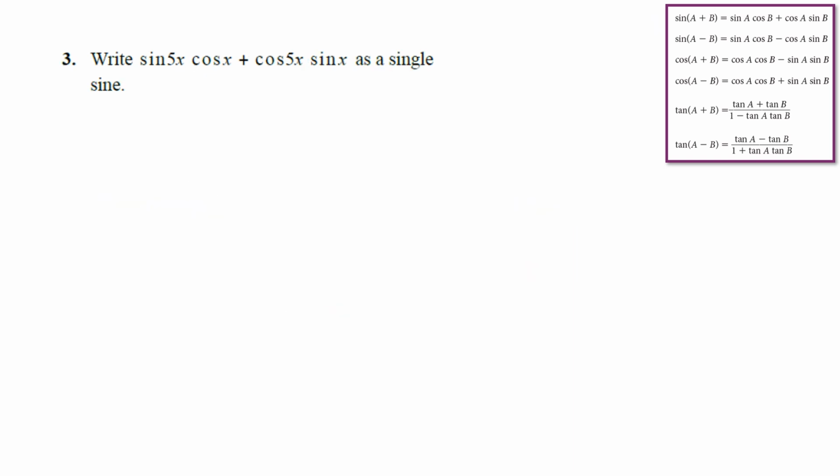Now we're asked to write the sine of 5x times cosine x plus cosine 5x times sine x as a single sine. So we know that we're working with the sine formulas. We just now need to identify which sine formula we'll be working with.